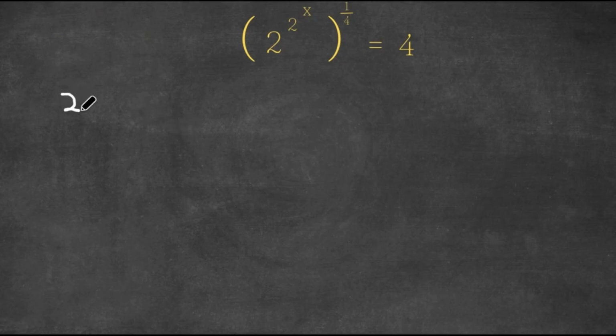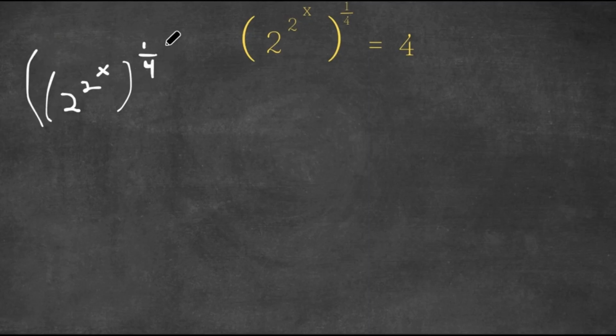So now we have 2 to the power of 2 to the power of x to the power of 1/4 to the power of 4. And this is equal to 4 to the power of 4.